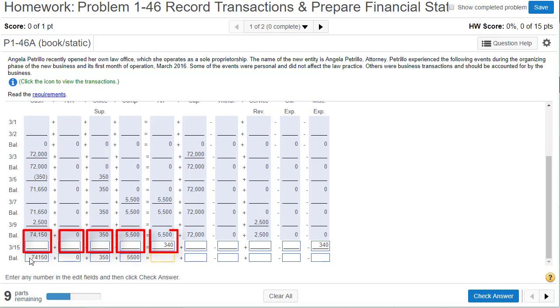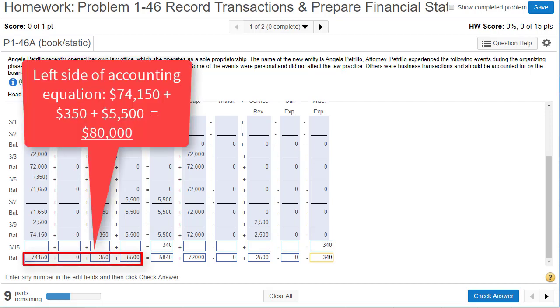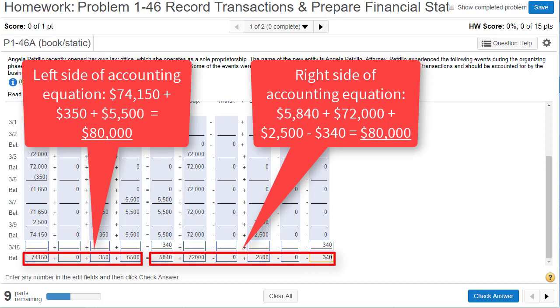We now have $5,840 of debt, $72,000 capital, 0 withdrawals, $2,500 of service revenue, 0, and $340 of miscellaneous expense. We should also double check now that on the total row, the left side of the accounting equation, assets, equals the right side, liabilities plus equity. And they are equal.